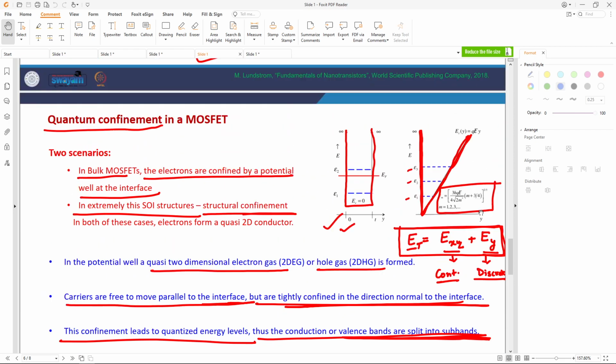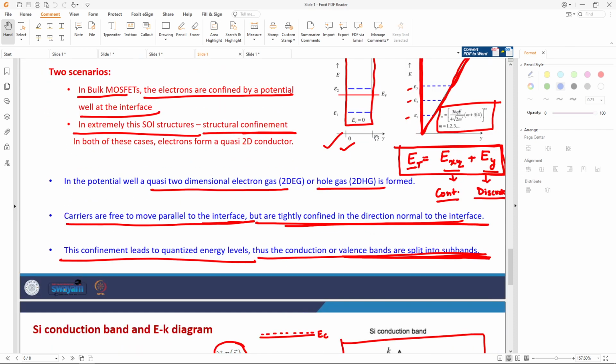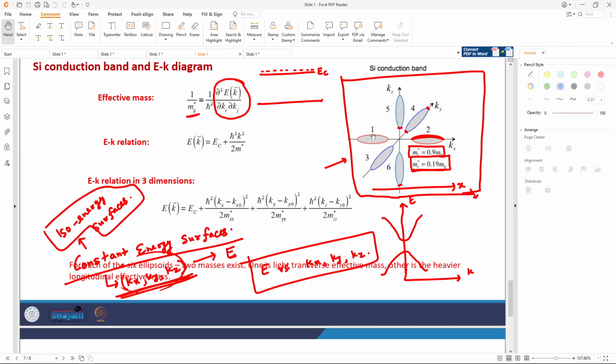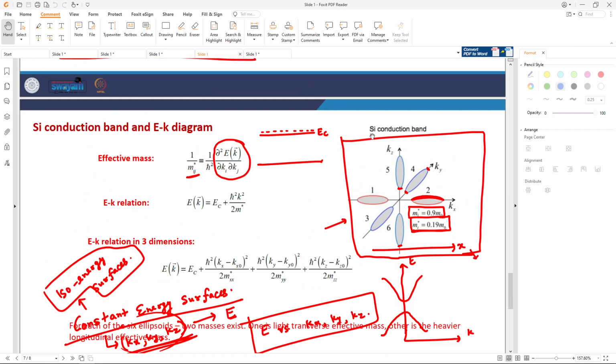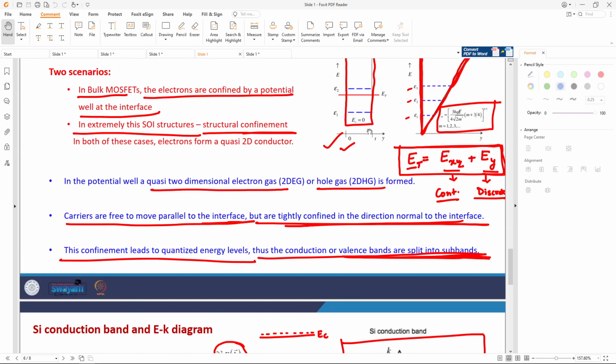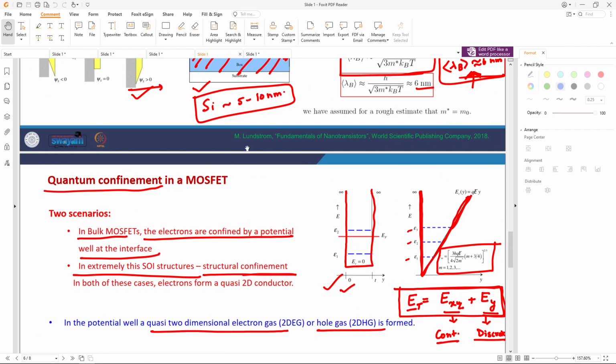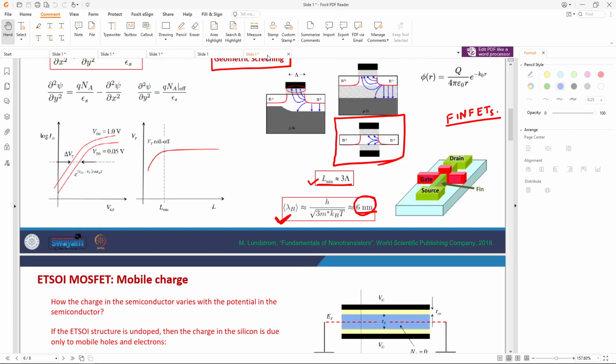Because of that, we will essentially have the formation of subbands, and because of that, calculation of quantities such as electron mobility and things like that will change. These things will be covered in greater detail in the next slide itself, if I'm right. So we'll leave this here and continue from the next slide.